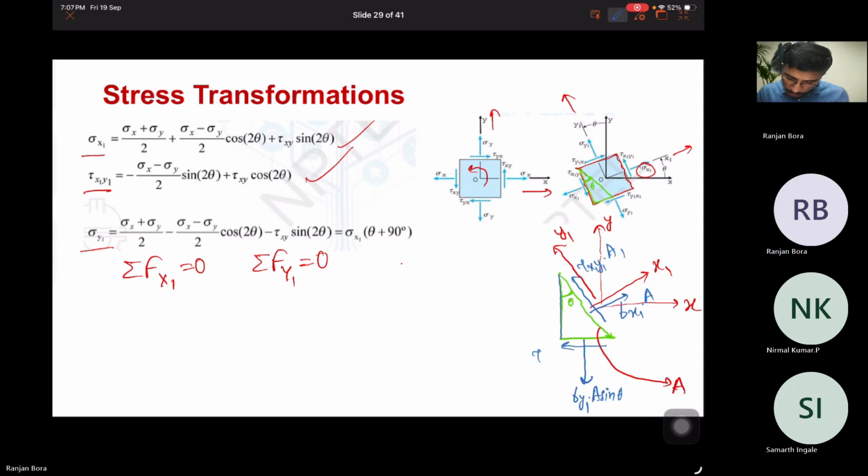And this is sigma y times A sin theta, and this is tau yx times A sin theta. And this is sigma x times A cos theta, and this is tau xy times A cos theta.